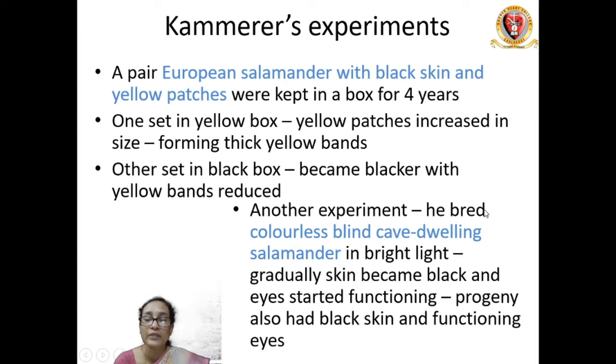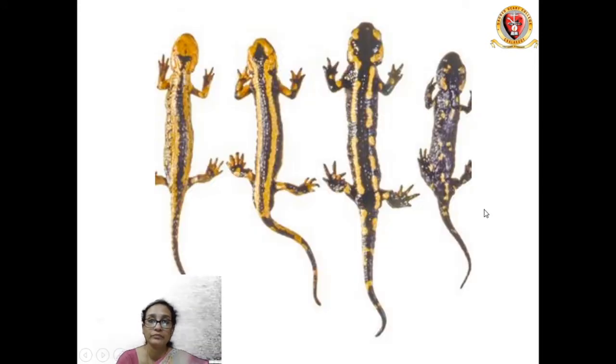So another experiment he did, there were certain colorless blind cave-dwelling salamanders, and he bred them in bright light, and he found that they became colored from colorless, they turned black, and their eyes started functioning. So in the progeny, black skin and functioning eyes were seen, proving that acquired characters could be inherited.